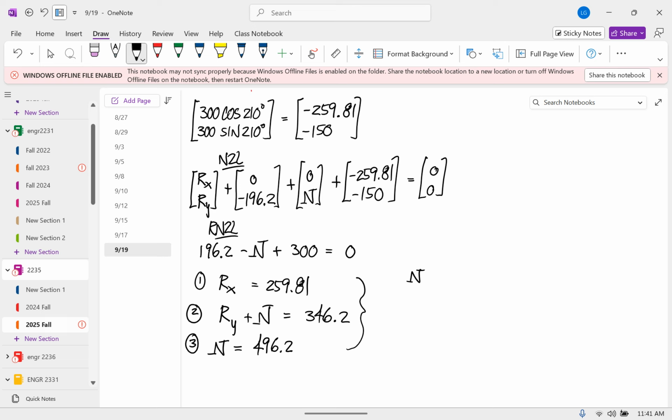So N is 496.2. And R, the X component is 259.81, and the Y component is 150.